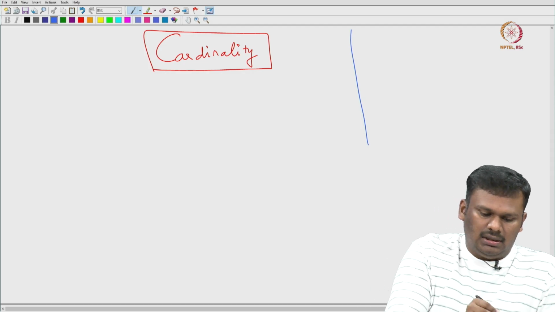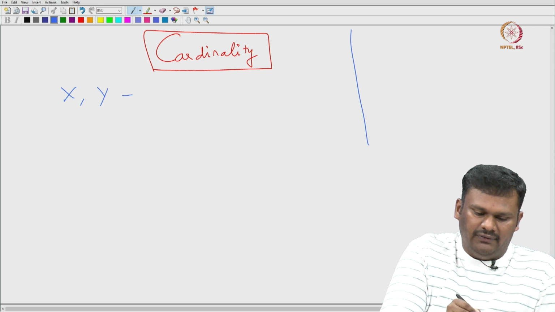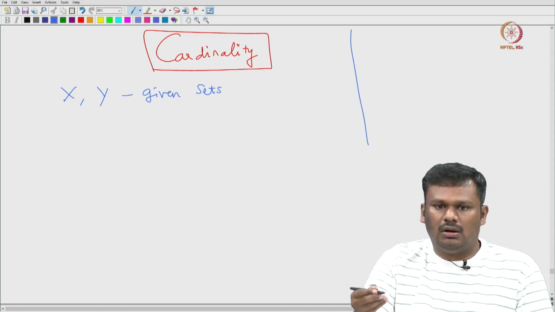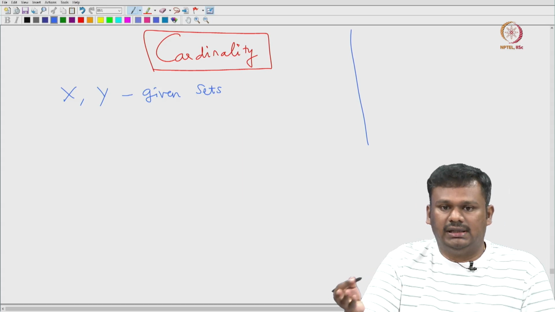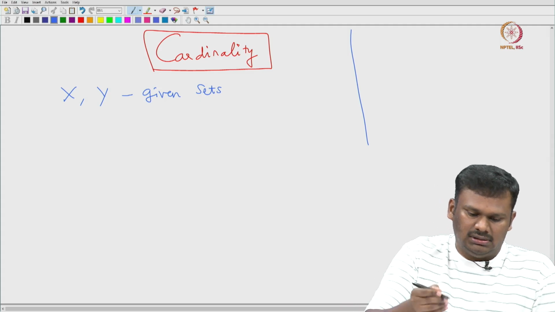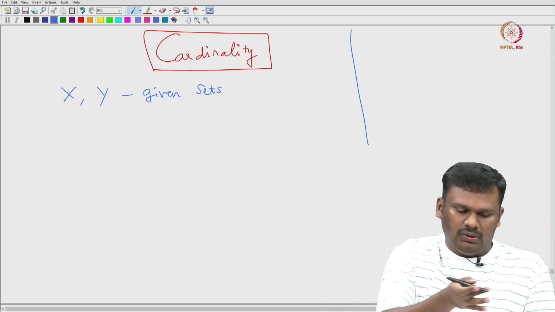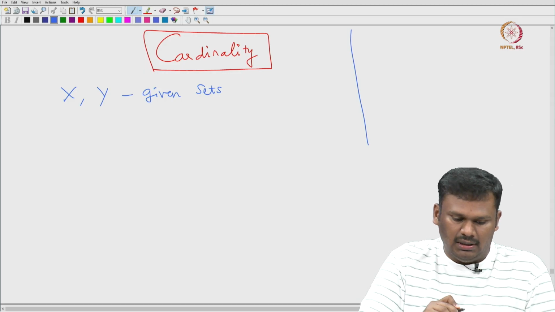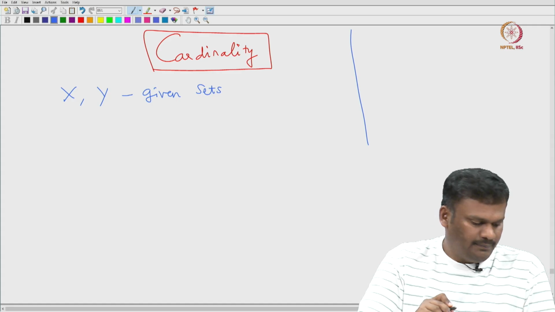So, let us say x and y are given sets, and since we are going to talk about cardinality, the number of elements in a set and so on, we better assume both of them are non-empty. We do not actually need to assume that, because if they are comparable and one of them is empty, then the other one will also be empty.